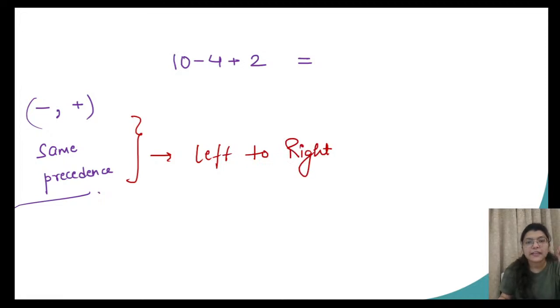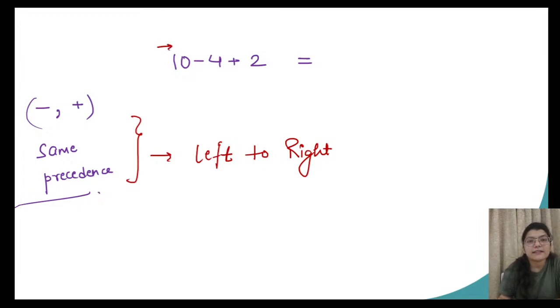Right, whenever precedence is same and associativity is not given, ठीक है, listen to it very clearly, when precedence is same and associativity is not given, then we take it from left to right, ठीक है। So left to right means we'll start from here.